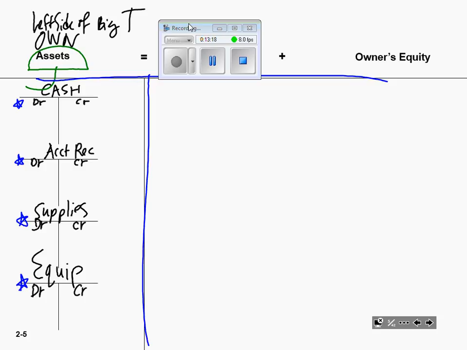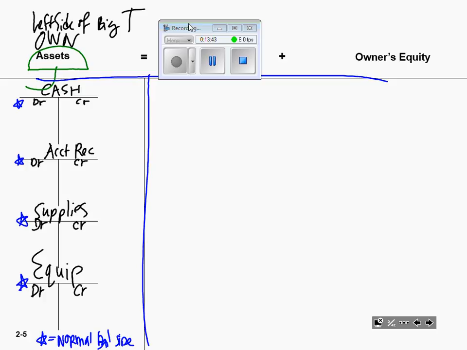Nowhere in the book is it going to say to star it. The book will tell you that that's where the normal balance side resides. So you might want to put star equals normal balance side.